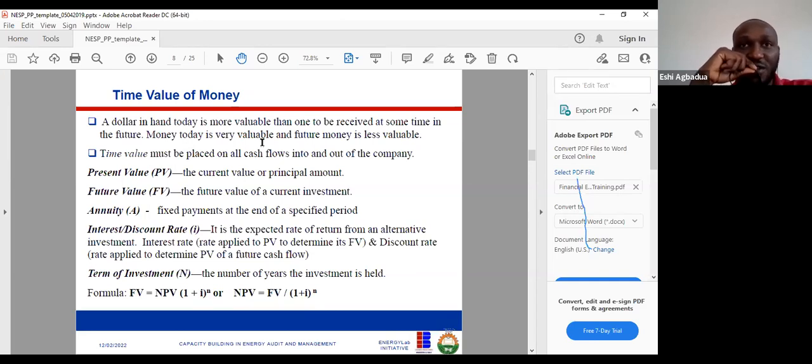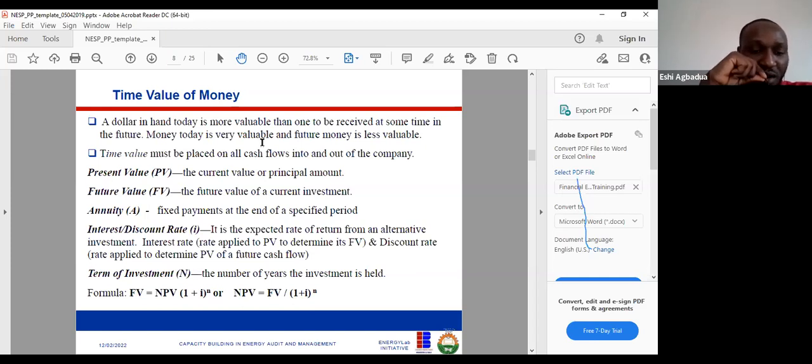So it is the rate applied to a present value to determine its future value. Why discount rates? Basically, you want to determine the present value of a future cash flow. So that's mostly the difference. But in every exercise, in every project, you're either using the interest rate or the discount rate. It's used interchangeably depending on the scenario you're applying the formula to.